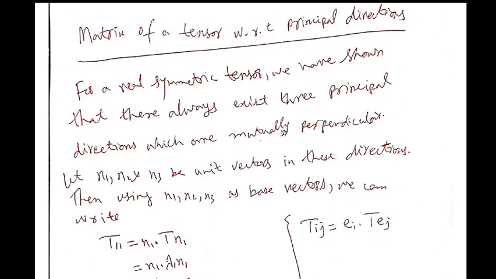Then we can use these n1, n2, n3 as base vectors, and write the components of tensor T with respect to these base vectors.